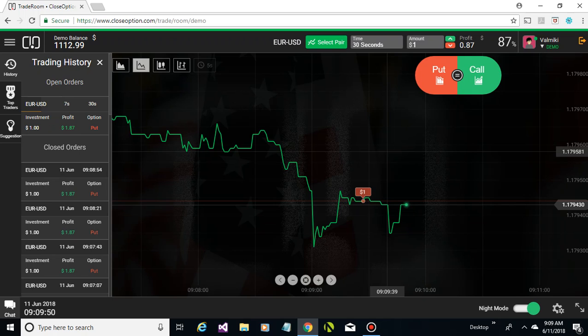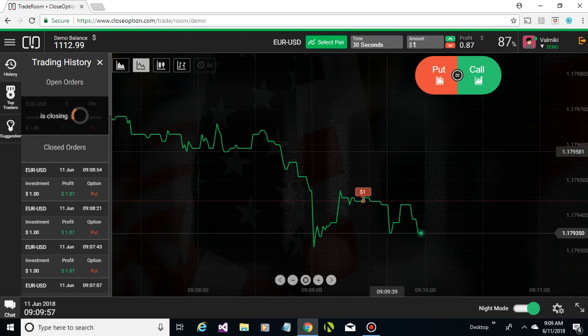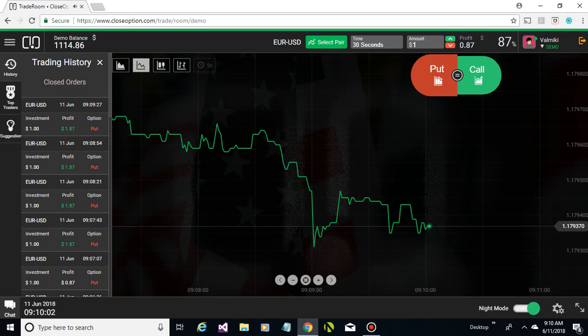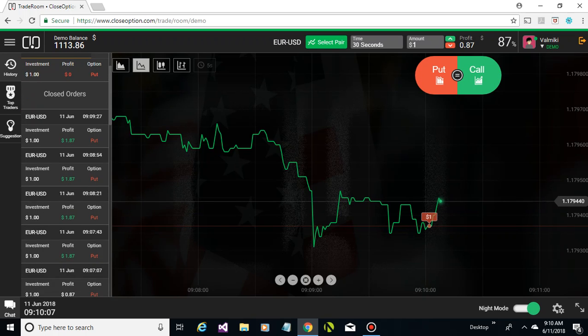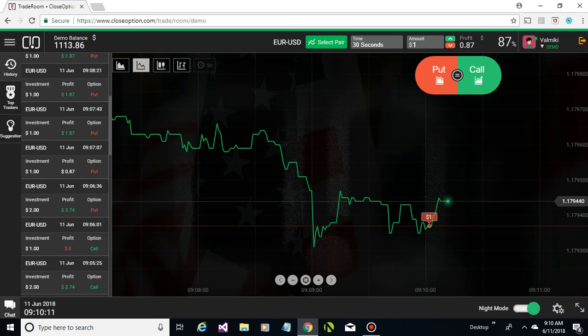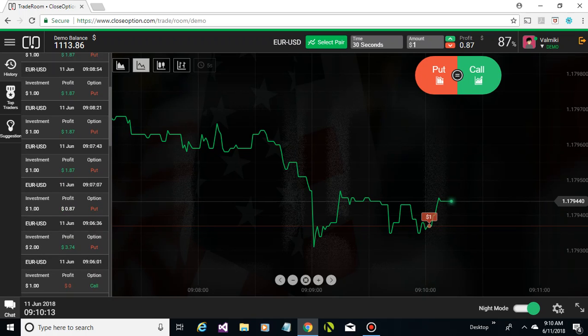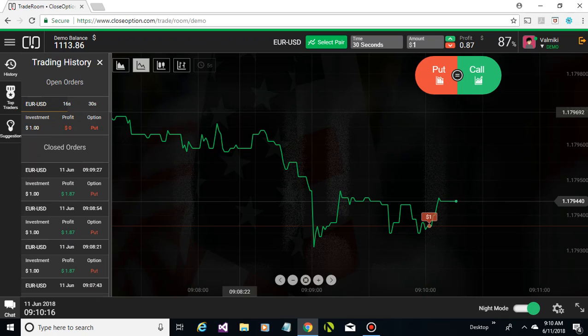Looks like we're a sliver above, sliver below our execution, and now looks like we are at a safe margin right now. So if you notice, we had put winners all the way. So the trend is your friend, basically. So follow the trend. I think you're going to be safe.